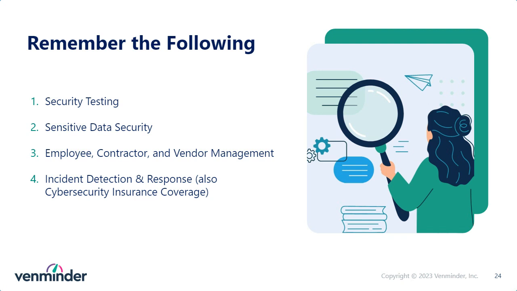You want to make sure they have some level of coverage, but you cannot accept insurance coverage as a checkbox for cybersecurity protections. It is simply there to pay for an incident, not prevent one. So you just want to make sure that you're not one-and-done with cybersecurity insurance coverage.